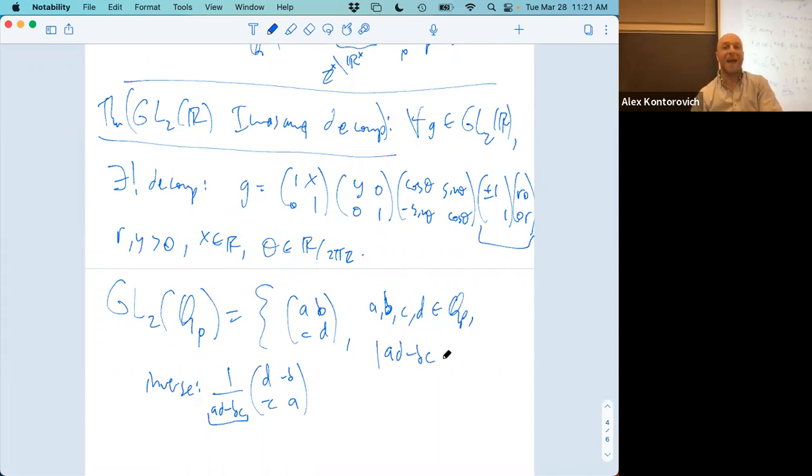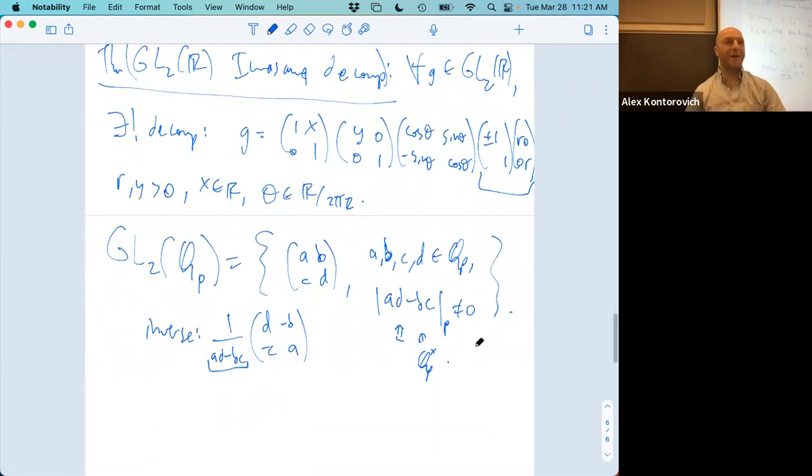In other words, the p-adic norm has to be non-zero. Equivalently, the determinant is in Q_p cross. This forms a group in exactly the same way that GL2(R) forms a group. We can invert because we can divide by non-zero numbers. It's a general construction.